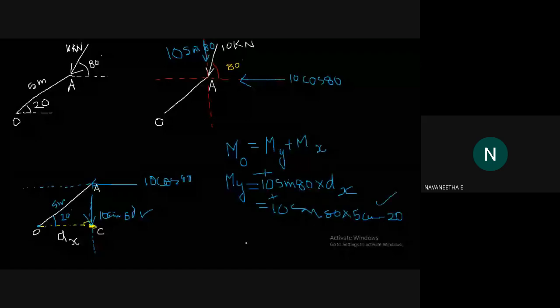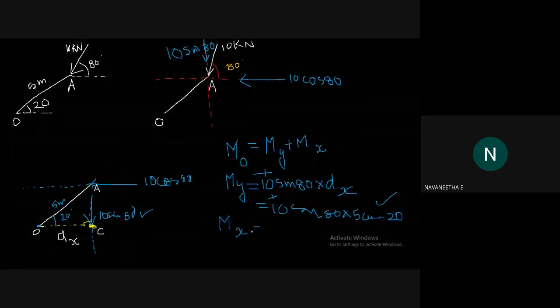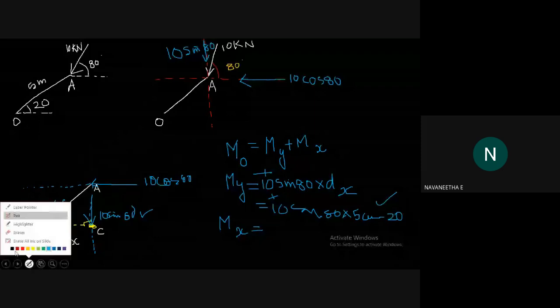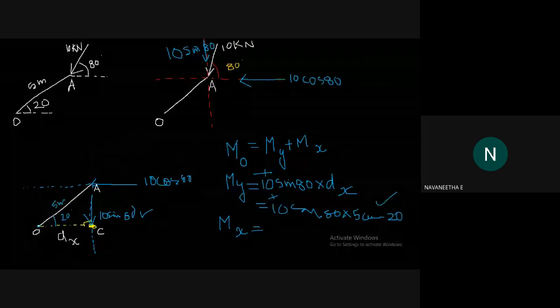Next one, Mx. To find the value of Mx, we need to move 10 cos 60 to the point at which a perpendicular distance is made from O to the line of action of 10 cos 60.